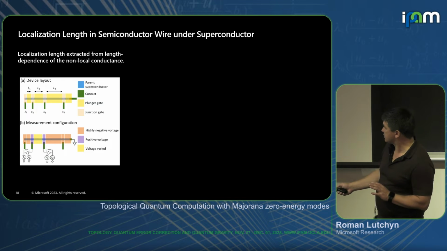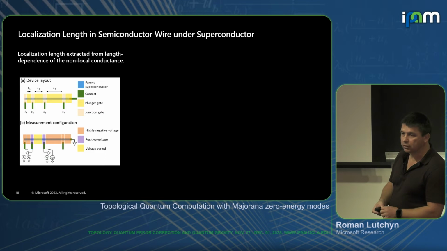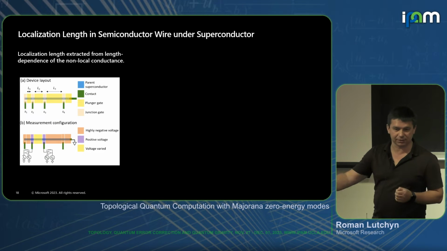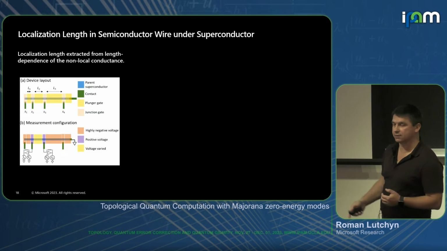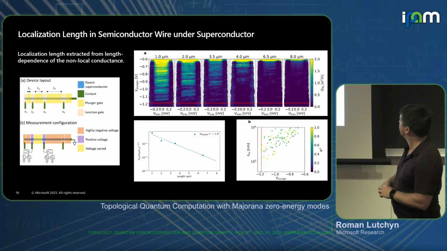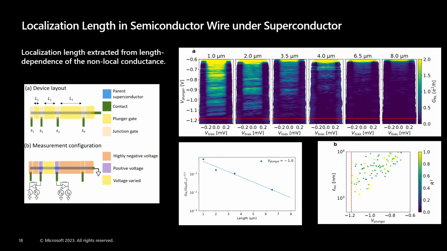So this is the device geometry. Basically, you have different segments, L1, L2, L3, and so on. And you just look at how non-local conductance changes as a function of length. So you tune the junctions in the same way, and look at how things change as a function of length. And this is what we've got. You can see that in a device that is 1 micron long, we have a lot of signal because the device is short enough.